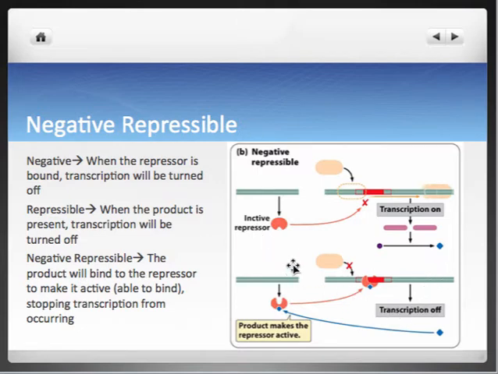And so if we're thinking, okay, when the product is there it stops transcription, and negative means that the repressor is going to bind to stop it, that means that we're going to need the product to help it bind for it to overall stop. That makes sense again with what we know about negative and repression, because when the product is not there, the protein cannot bind to stop it, and so this will always be on then.